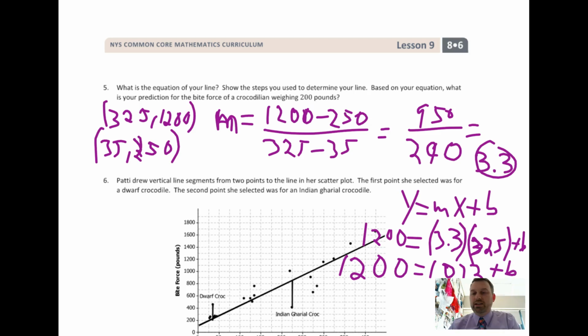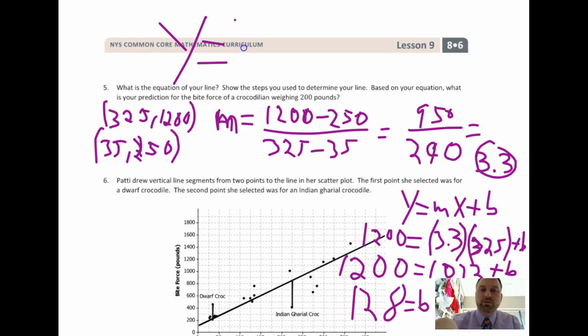Subtract 1072 from both sides, and you get 128 equals b. So there's your slope, there's your y-intercept, giving you an equation of y equals 3.3x plus 128.